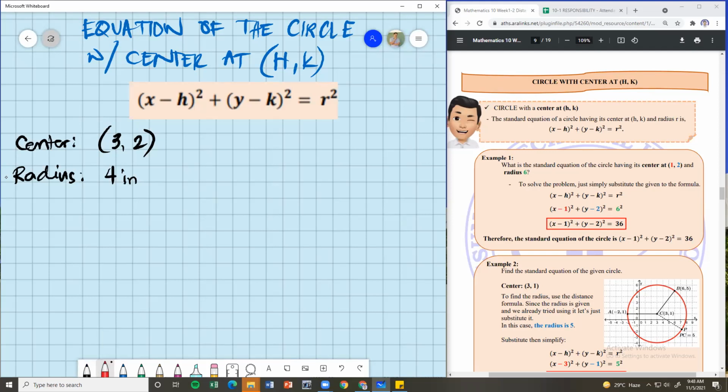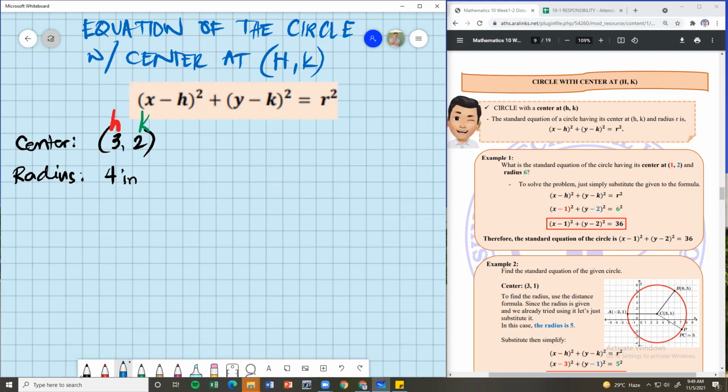Take note that the first coordinate of the center is your h, and the second coordinate is your k. That's the h and k na tinutukoy natin. h is for the first coordinate or the x coordinate, and then k is the y coordinate or the second coordinate of the point. And all we have to do is to substitute it in our formula.